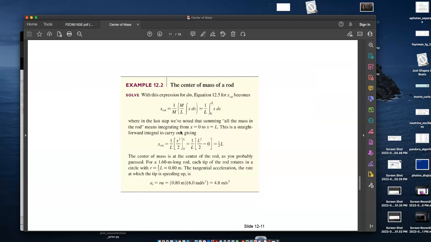So then, center of mass is 1 over mass times, using the formula, the integral of x dm, where we've replaced the integral of dm with mass over length times the integral of dx.